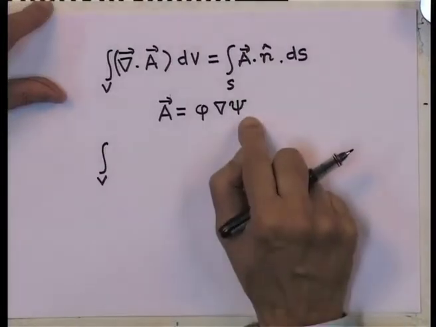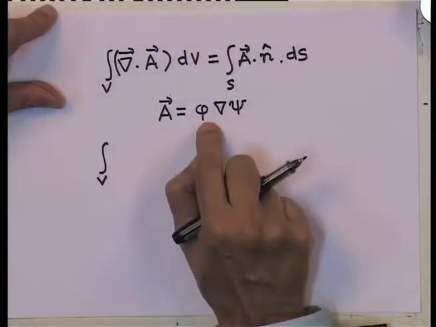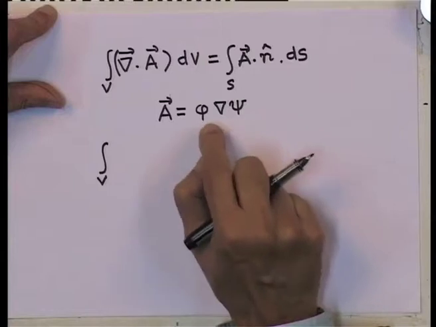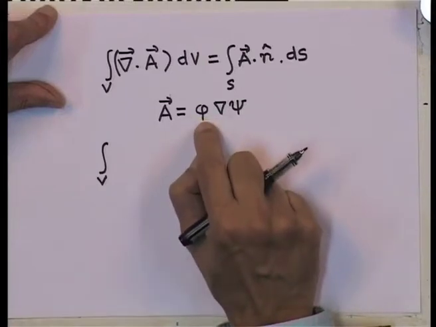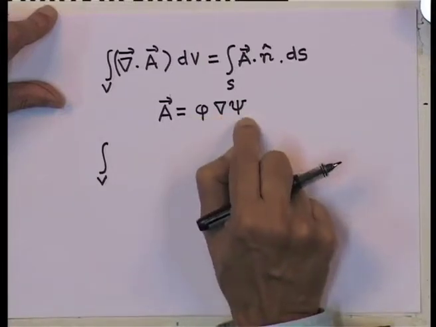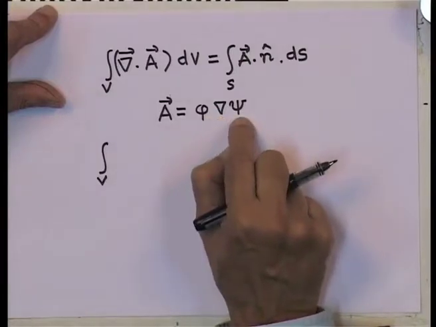So, remember what we said is that del dot of a scalar times a vector is the scalar times del dot the vector, which is del dot del psi.